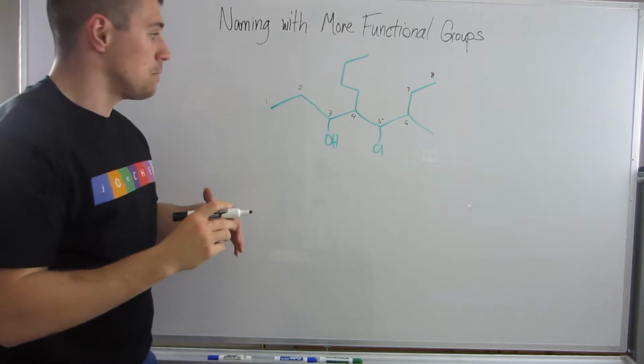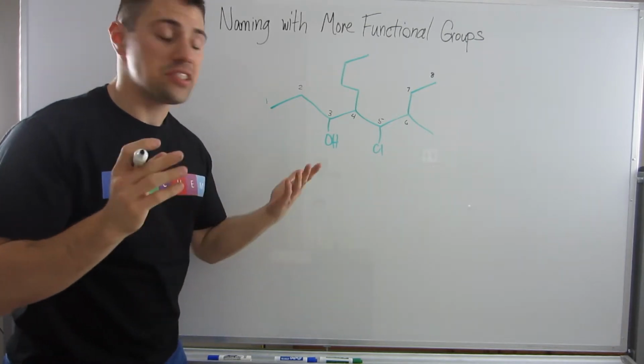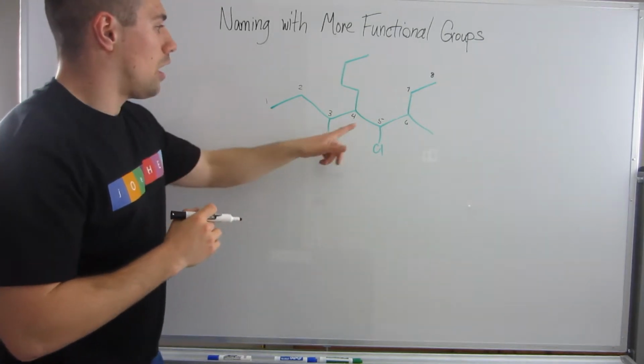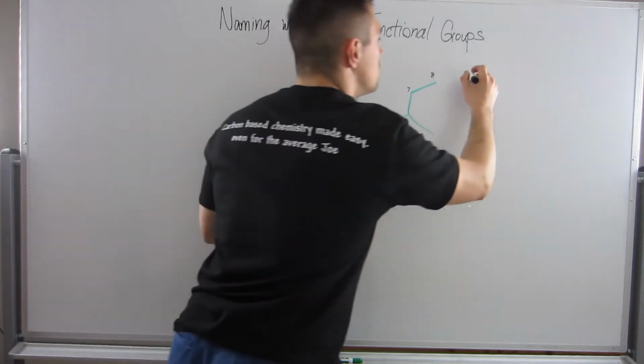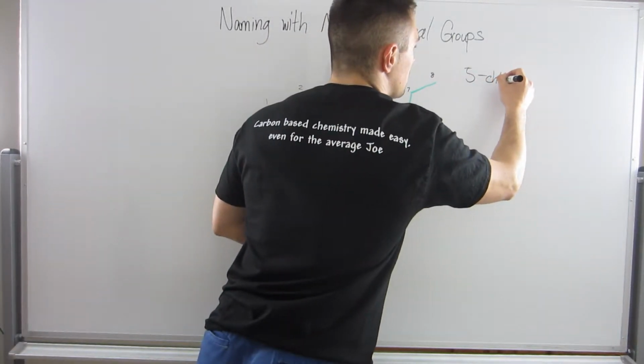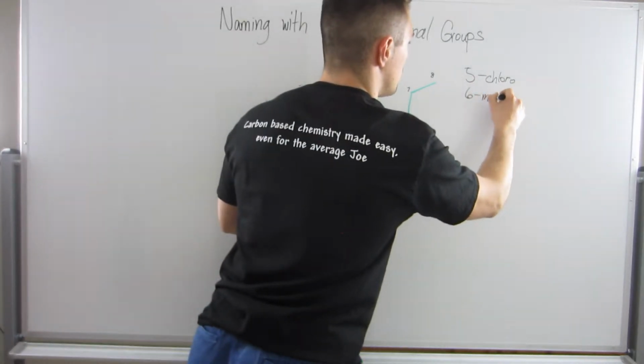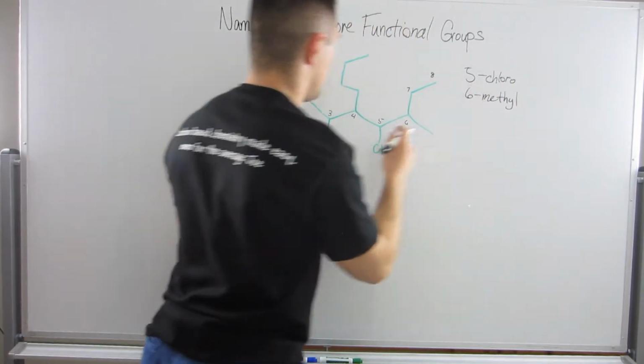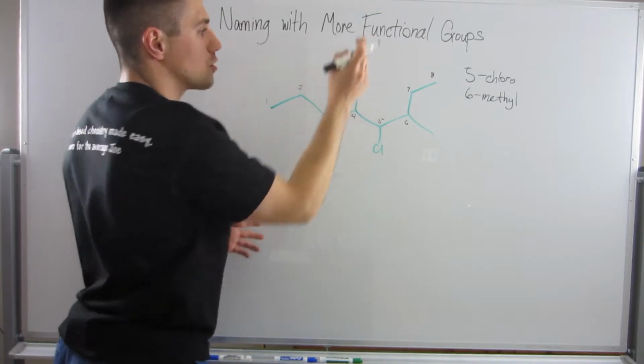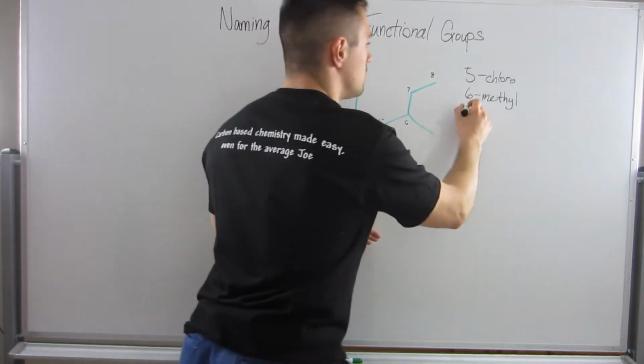Let's go through our steps as usual. Business as usual. On 5, we have a chloro. Name your substituents. 6, we have a methyl. 4, we have a 1, 2, 3, 4, just a regular butyl.